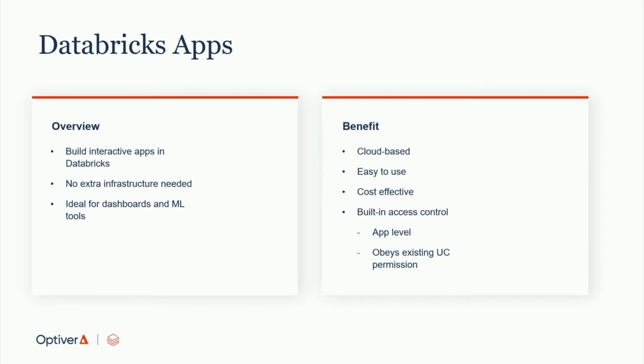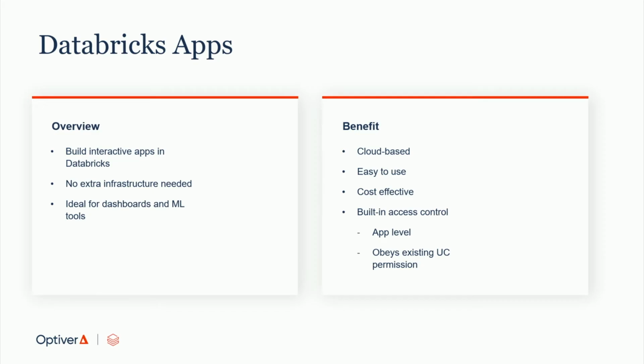The purpose of this is that if you are able to run your own Python app locally, Databricks makes it very easy to deploy it to production without too much effort, and it would run exactly the same way. They take care of all the infrastructure and the deployment overhead for you. This technology is mainly built for dashboarding and ML tools.